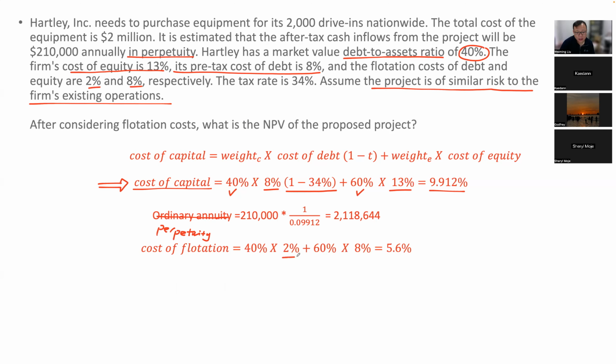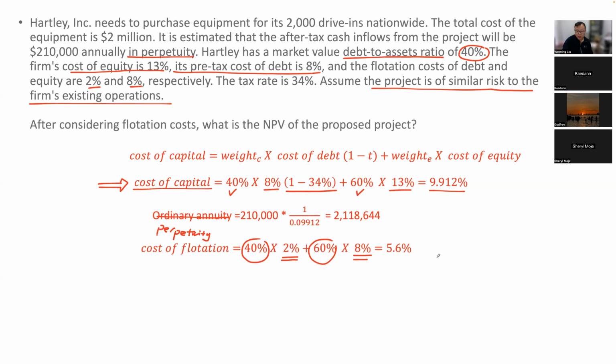It costs you 2% to raise debt and 8% to raise equity from stock investors. But you have to apply the weights, 40% for the debt and 60% for the equity. So the cost of flotation is 5.6%.